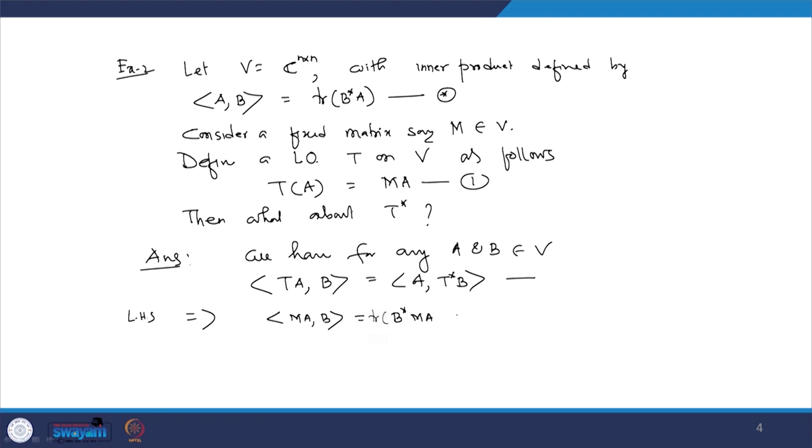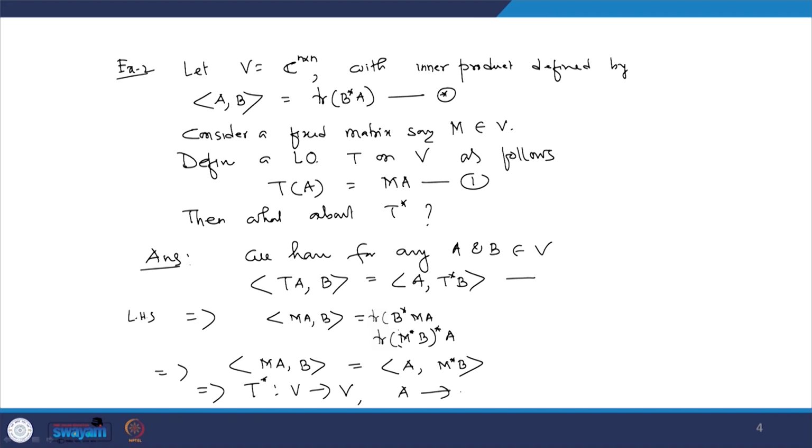This can be written as B M star B whole star A. So, this implies the inner product of MA and B equals the inner product of A and M star B. So, this implies T star, which is defined from V to V, is given by A goes to M star A. This is the definition of the adjoint operator for this problem.